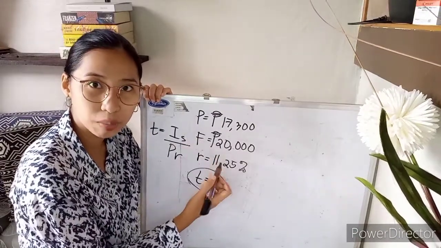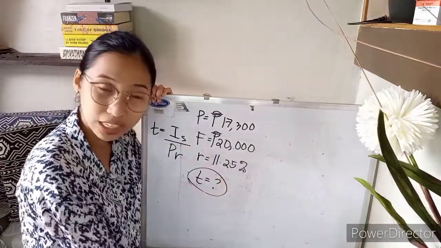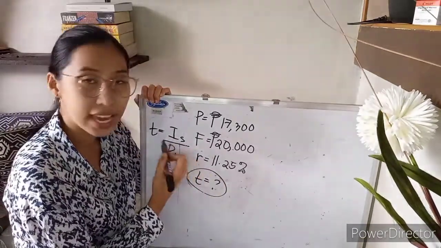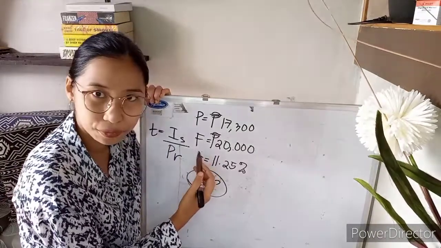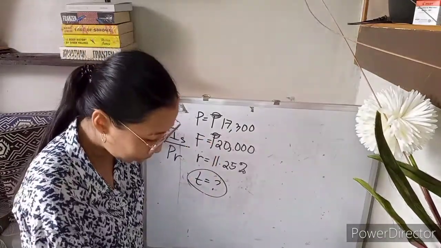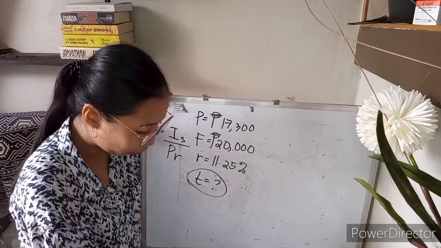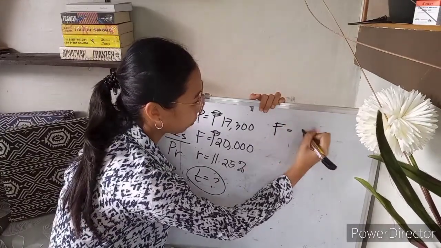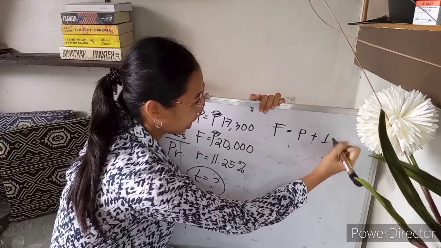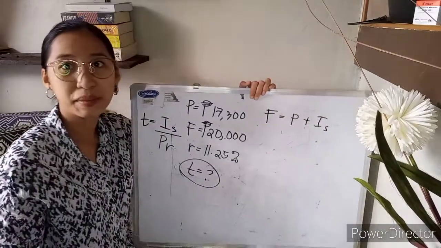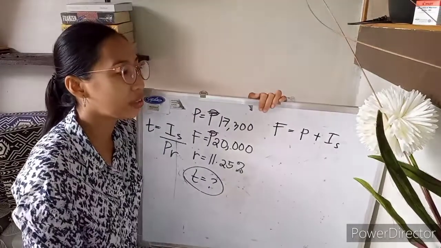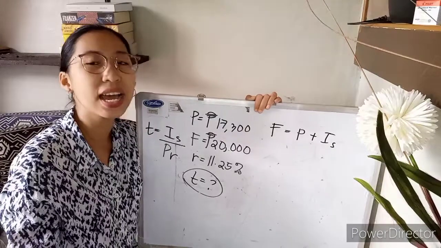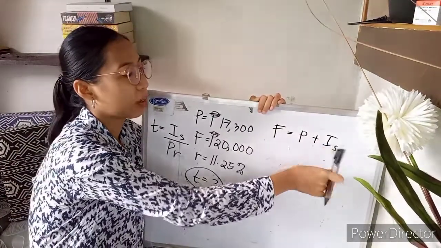Kung sa itong buhaton, gamito nato ang future value nimo ang F. Unsa ang pwede gamito na formula nga naa dito sa given, nasa inyong module, no, nga makita nato si I_s? So, ang atong gamiton is katong formula nga F is equal to P plus I_s. Diba? Pwede ito ni siya gamiton. Karon ato ni siyang i-transform into another formula para mabalhin nato na makita nato si I_s.